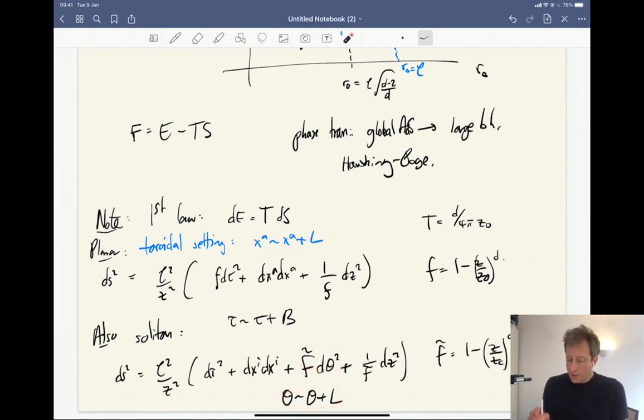And this constant here, just as this constant here is related to the temperature and therefore to beta, this constant here is related to L in order that this geometry is smooth. So there's a smooth, what's called AdS soliton. I'm not quite sure why it's called the AdS soliton, but anyway, it is.